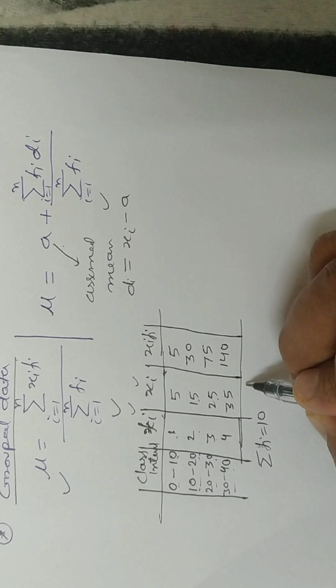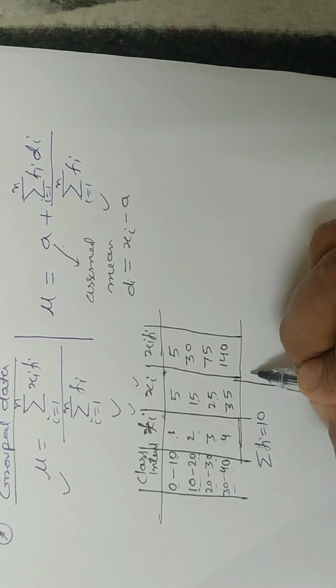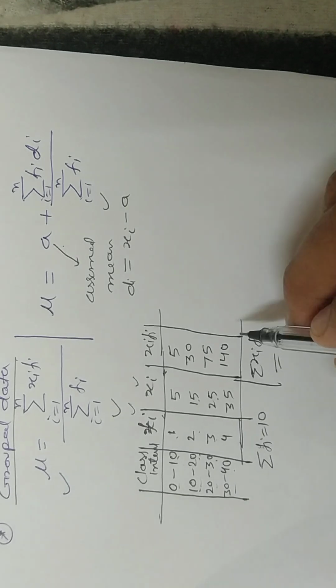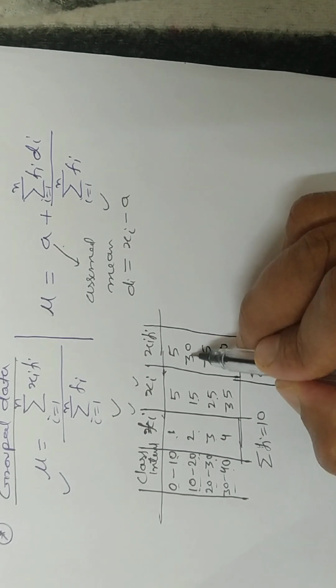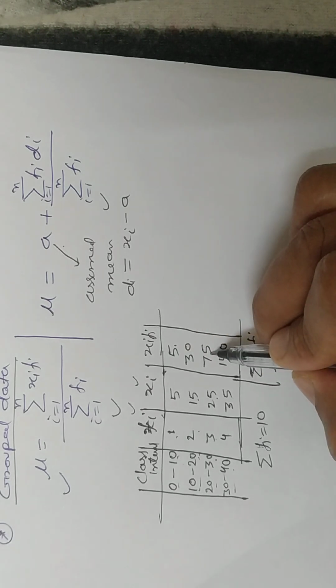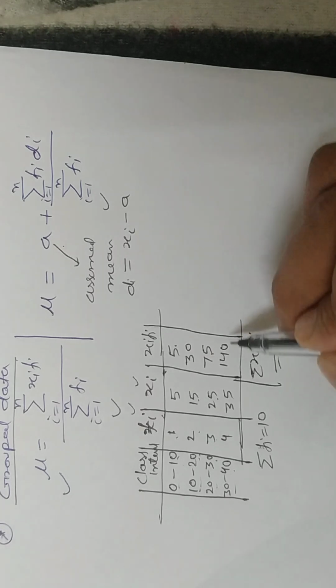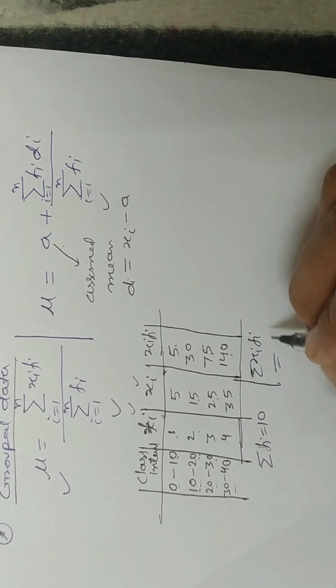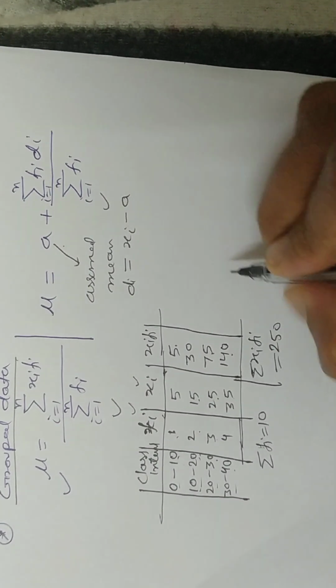And now we need to find the sum of xi fi. It is equal to 30 plus 5, 35, plus 75, it is 110, 110 plus 140, 250.